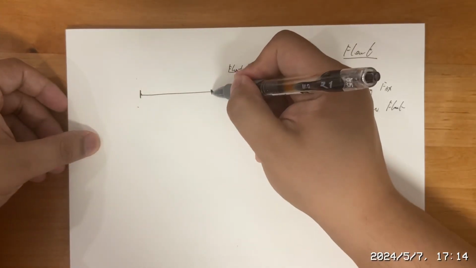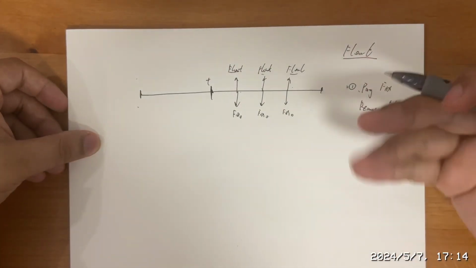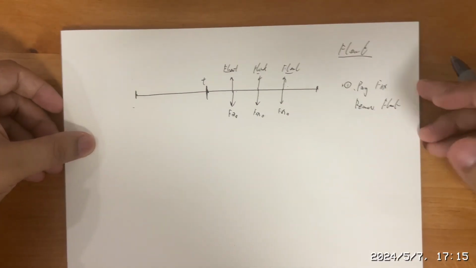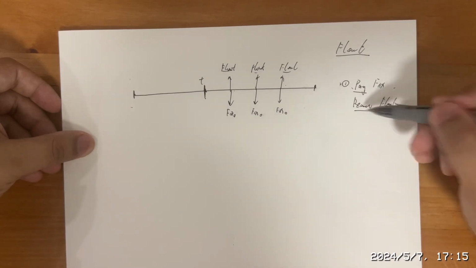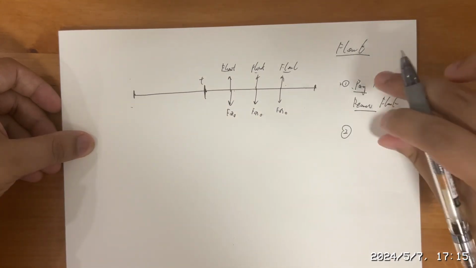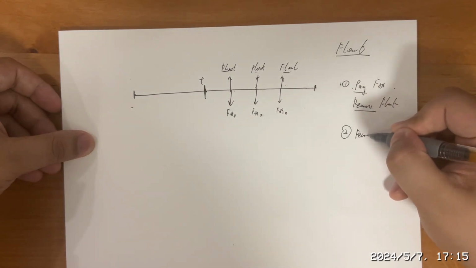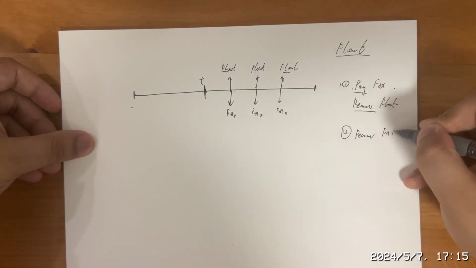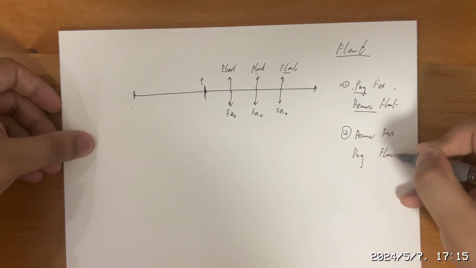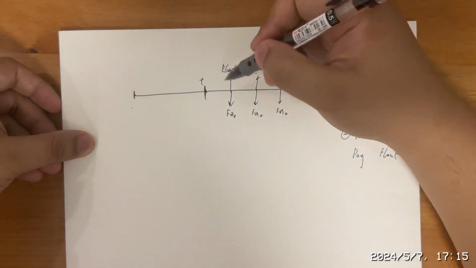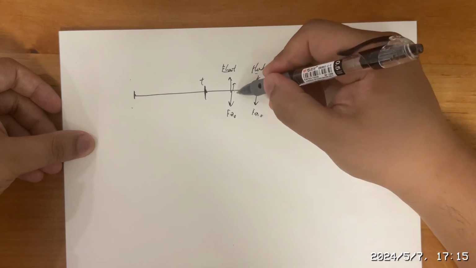If at time t you enter into the opposite contract, an offset portfolio to offset the portfolio of pay fixed receive float, you're going to have exactly the opposite portfolio of receive fix while paying float. So you're going to receive fix, receive fix, receive fix while paying float.